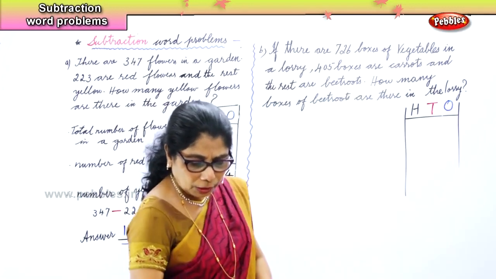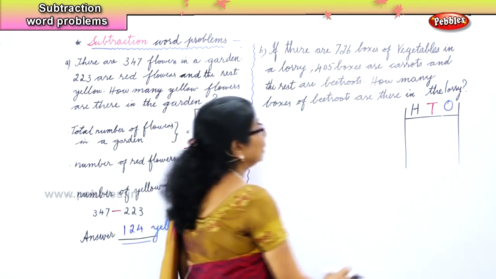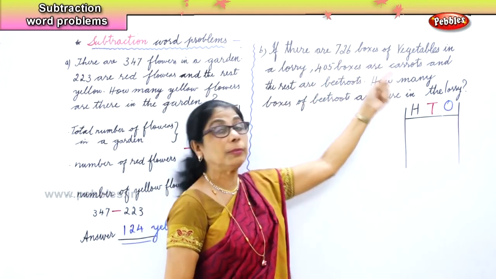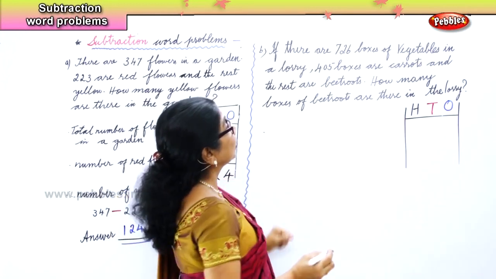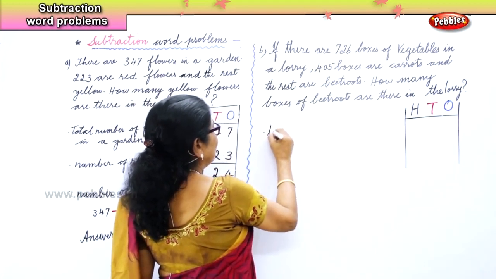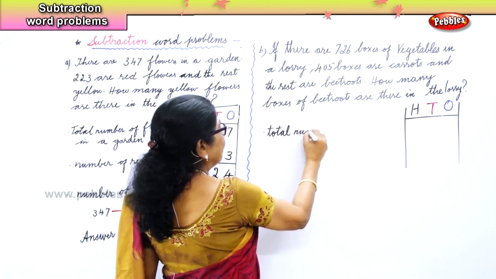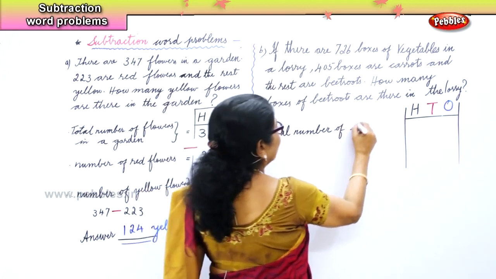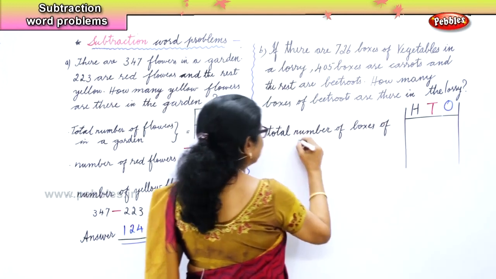Now we look at what is the statement that we are going to write here. If there are 726 boxes of vegetables, what will the statement be? The statement will be total number of boxes of vegetables.